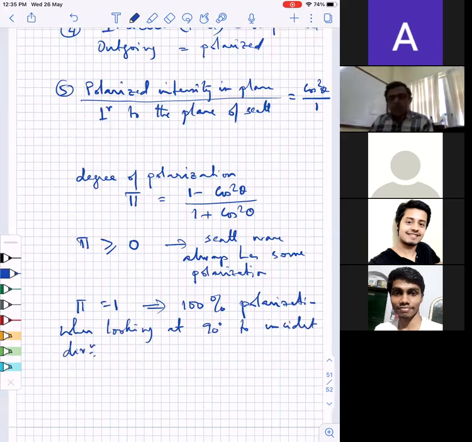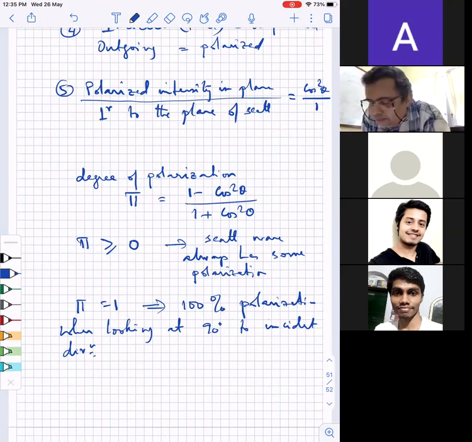Sir, yes, Nikhil? Is it because the dipole is radiating itself? Yes, of course, exactly. It is because the dipole is radiating. You can connect it like that. It has the same feature as the dipole radiation. It has this cos square dependence.